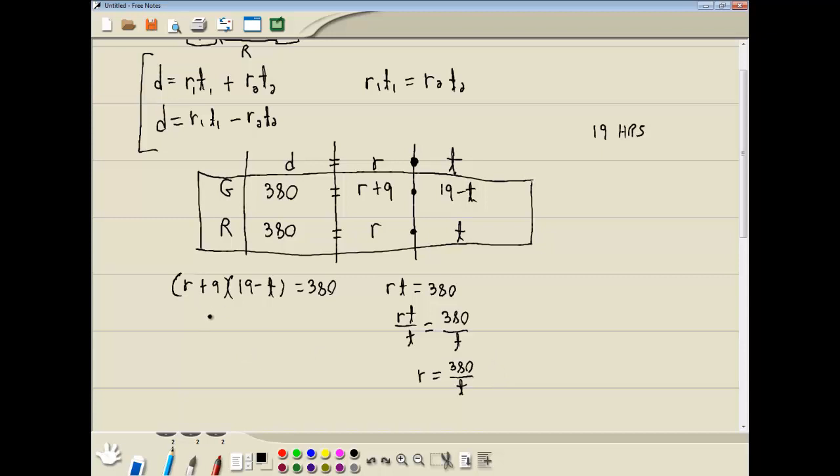Okay, well, if I come over here, I'm now going to substitute this into the other equation. We now know what r is. It's 380 over t plus 9, times 19 minus t, is equal to 380.